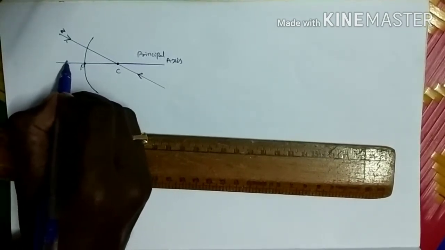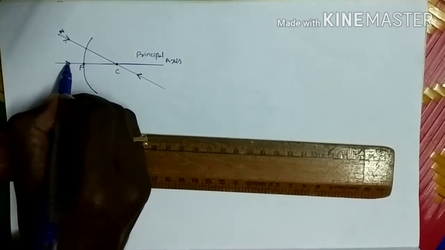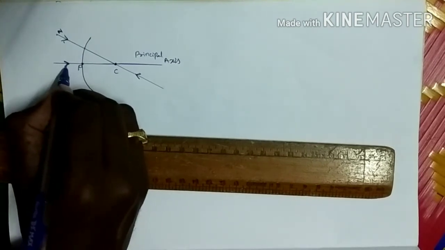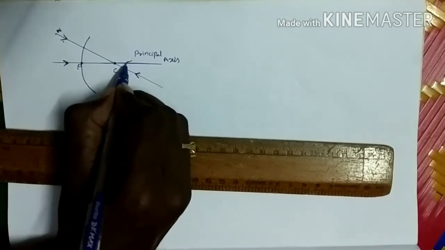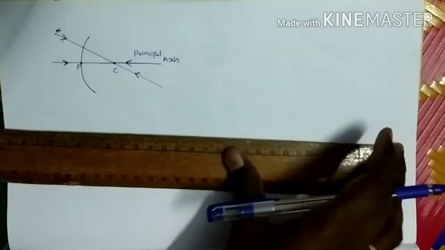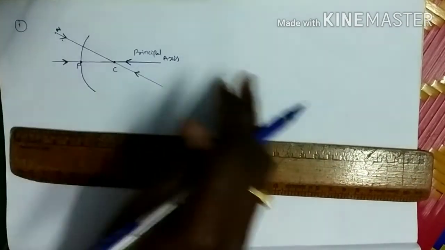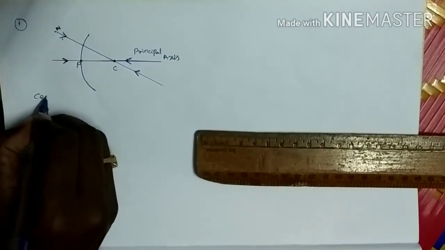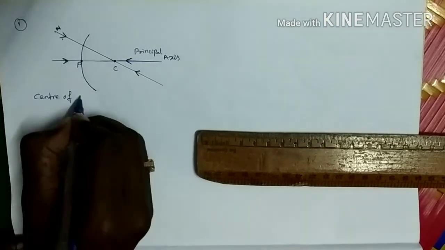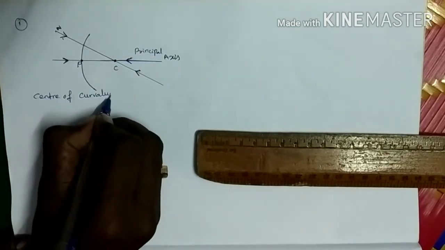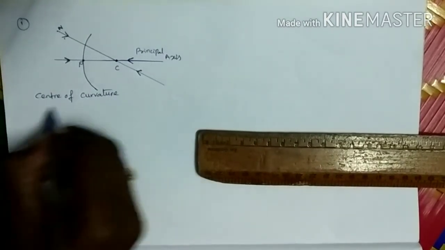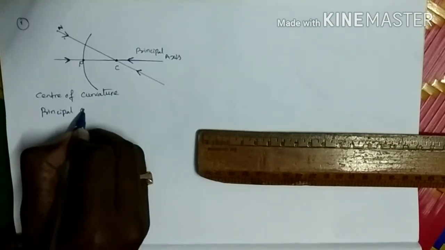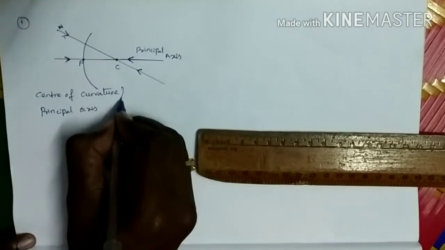Observe here, when the light travels through this principal axis, this is also a normal, right? So what happened? There is no deviation of light that takes place here. So what we understand here is, when the light travels through the center of curvature, and when the light travels through the principal axis, there is no deviation of light.